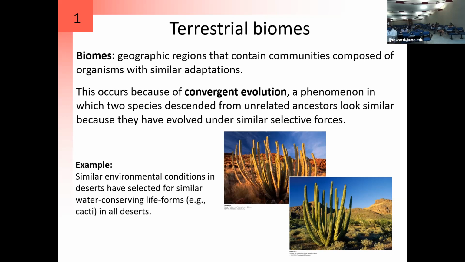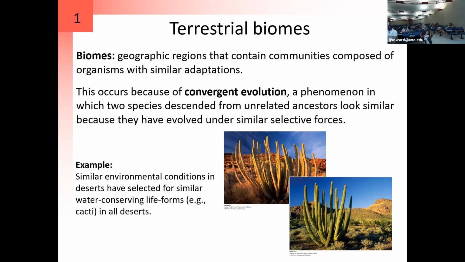So, desert habitats impose water limitation on everybody who lives there, regardless of whether it's an Asian desert, an African desert, or an American desert. As a result, we see convergence in organisms that live in deserts, regardless of where they are on Earth.